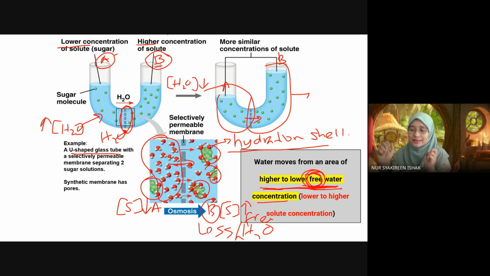So the term we use is no net movement, zero net movement. No net movement of water, but actually, what it means is an equal rate of movement of water from both sides.